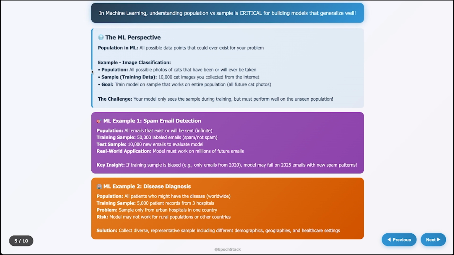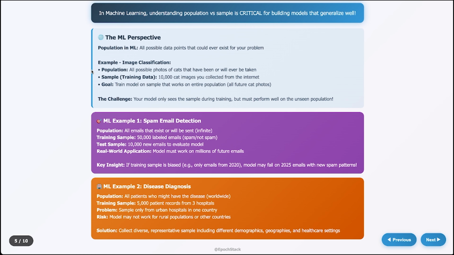Once you train the model, it must work on future emails, which will be millions of emails. If you receive a mail that is spam and the model classifies it as not spam, that means your sample data is biased.